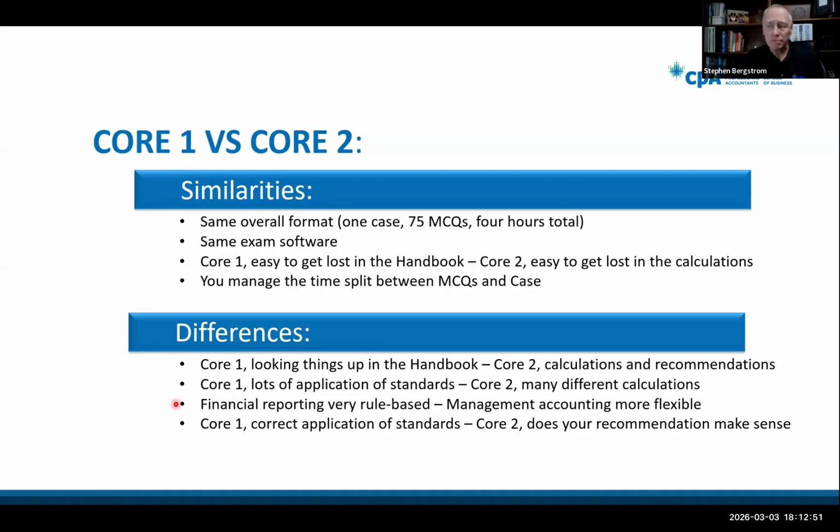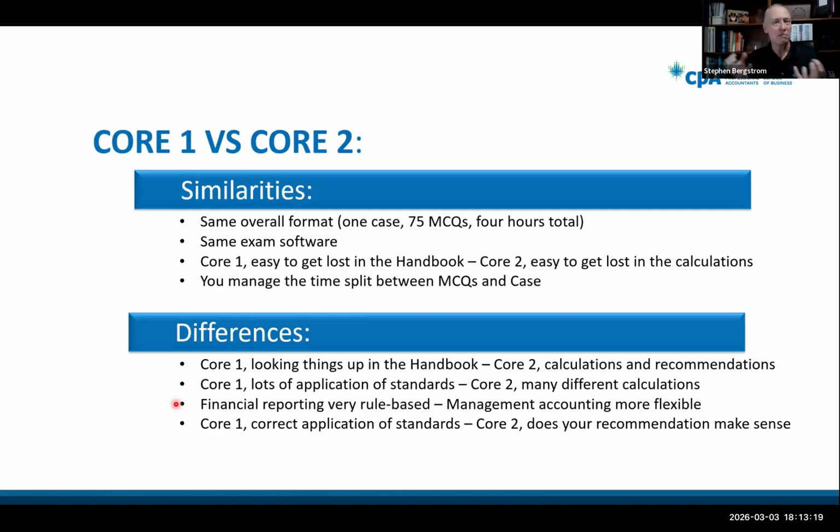One of the biggest differences, of course, is the nature of the two subjects. Financial reporting tends to be very structured, very rule-based. If this, then that. Management accounting is a lot more wide open, a lot more flexible. You have some choices in some situations, and there's multiple different ways to approach some of these calculations. So I always find it interesting.